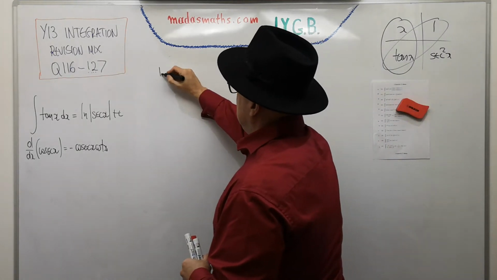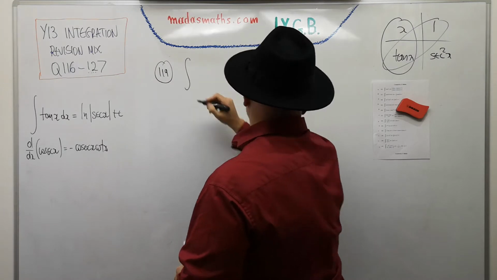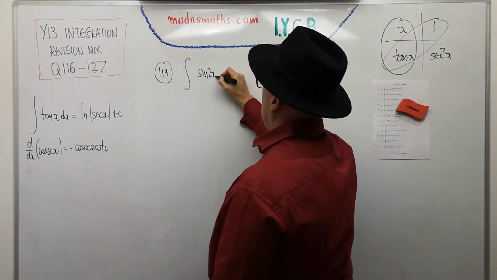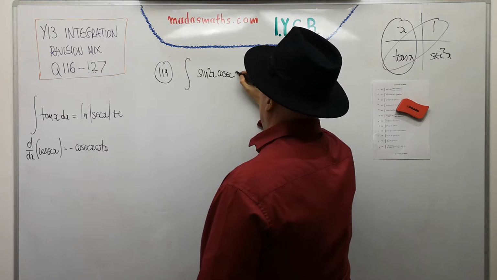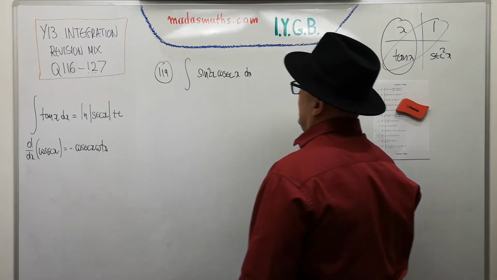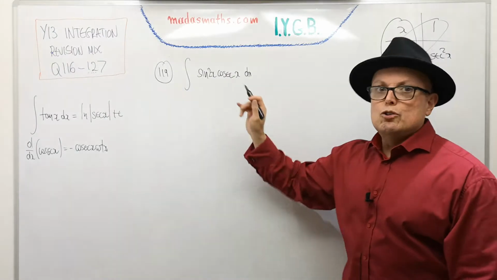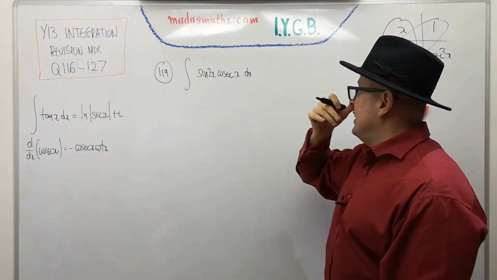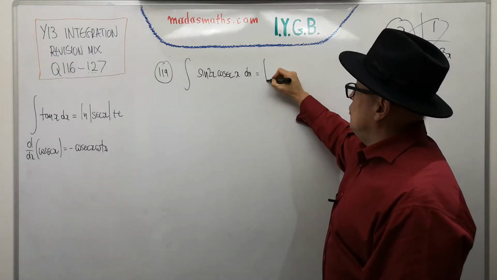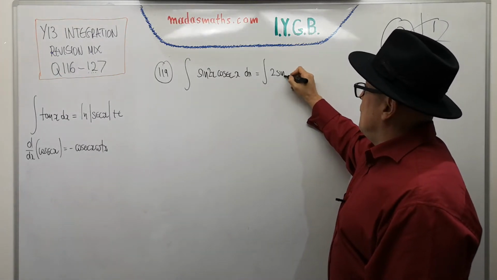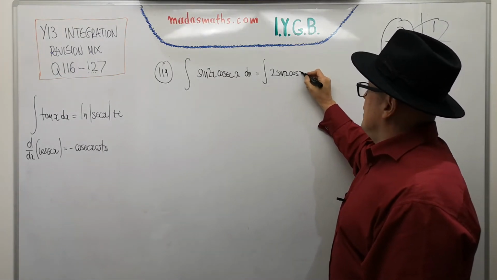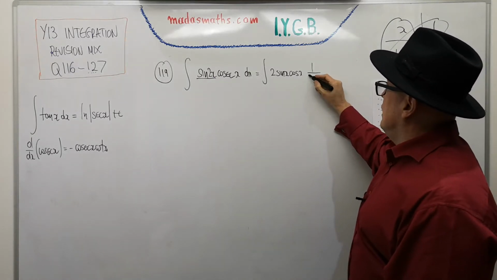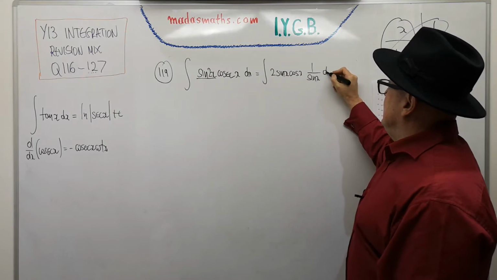Number 119 is the integral of sine 2x cosec of just x. Well, quite clearly here we need to break the double angle. Like the previous one, we had 2x and 2x. There's no way this will integrate as it is. So switch into sines and cosines by breaking this particular double angle identity times the 1 over sine x dx.